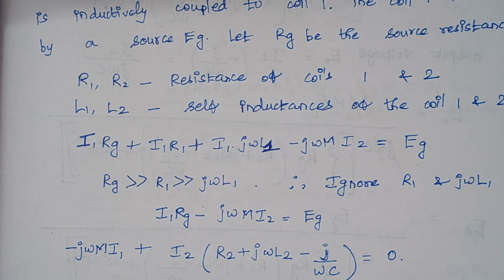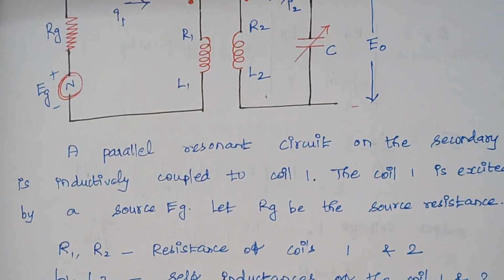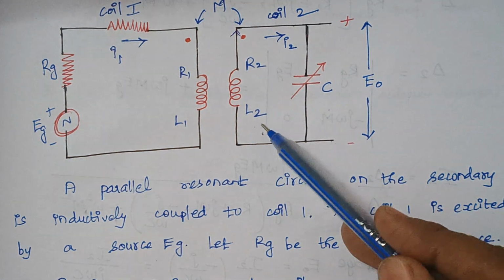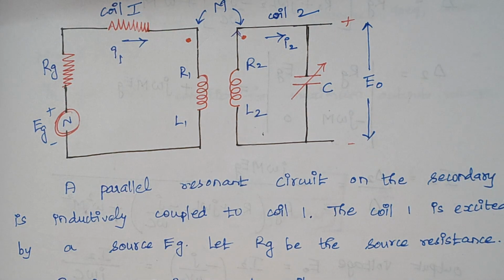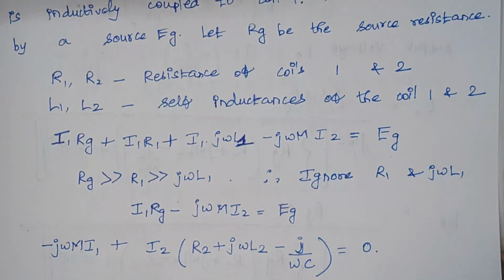The rest is as usual: I2 R2 plus I2 into j omega L2, and the voltage drop across the capacitance is given as I2 into minus j by omega C.